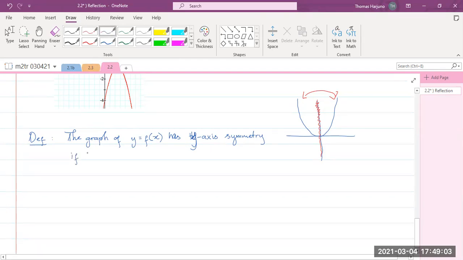If the graph of the reflection with respect to y-axis is the same as the original graph.